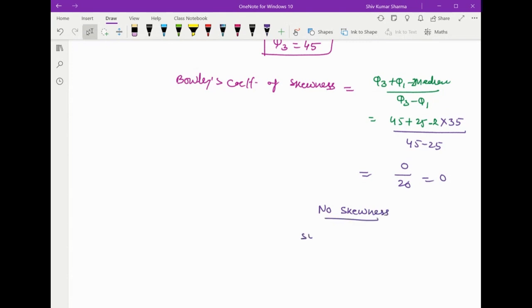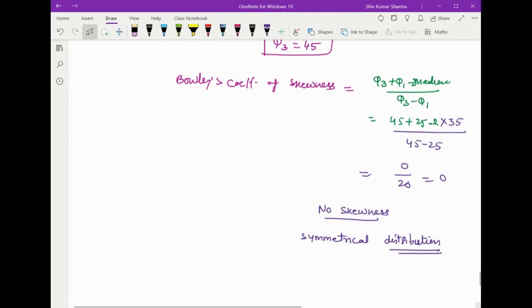No skewness, a symmetrical distribution. So this is for Bowley's.